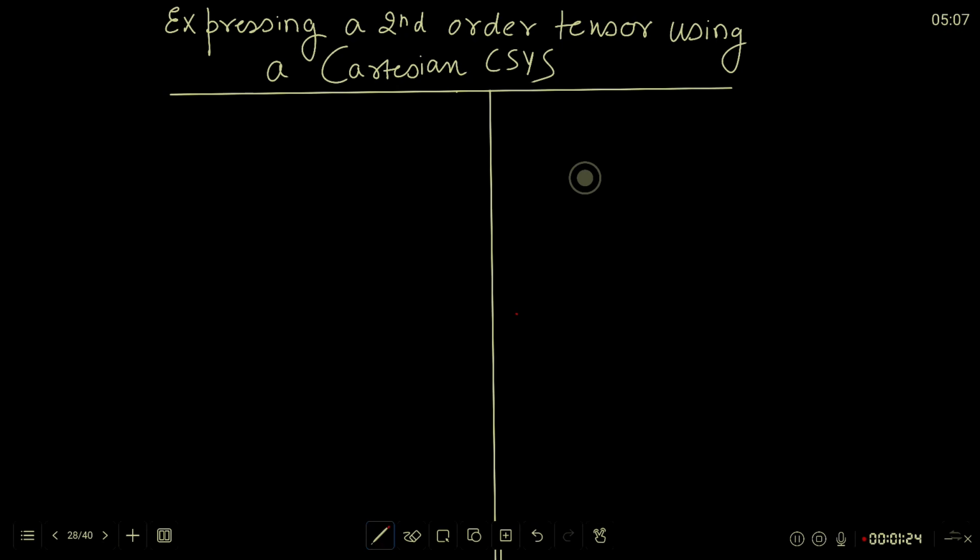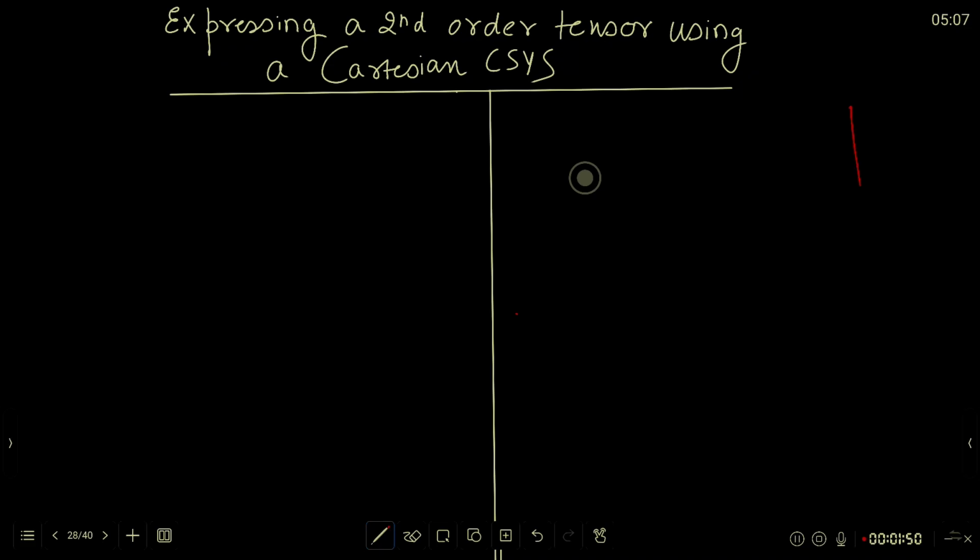So the mathematical definition that I gave you for a second order tensor, based on that understanding, whatever is coming out from that definition, now I want to make an attempt to express a second order tensor using a Cartesian coordinate system.